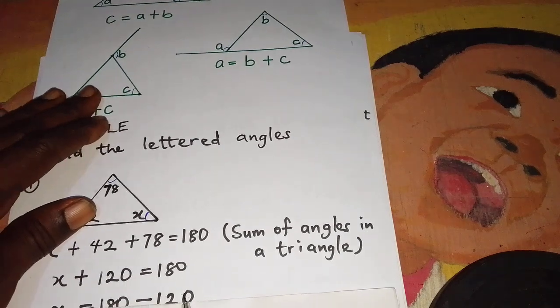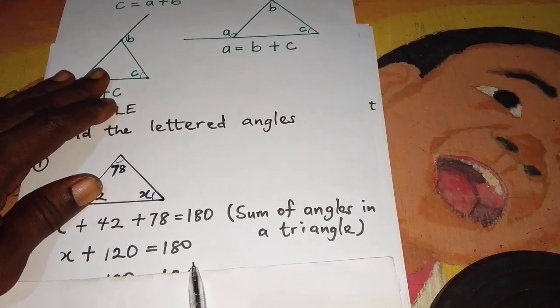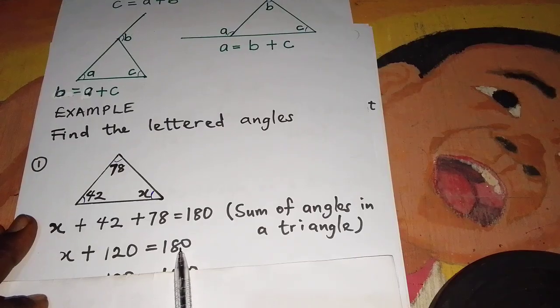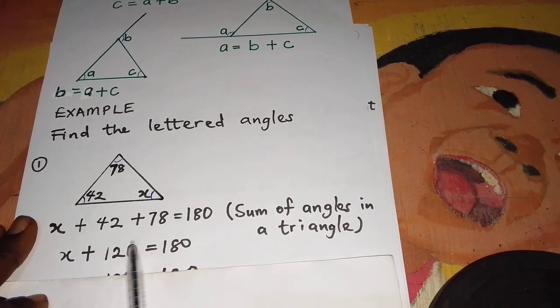So now you realize that from here we want to make this 120 cross the equality sign. Whenever any sign crosses the equality sign, it changes to the opposite sign. So plus will change to minus.